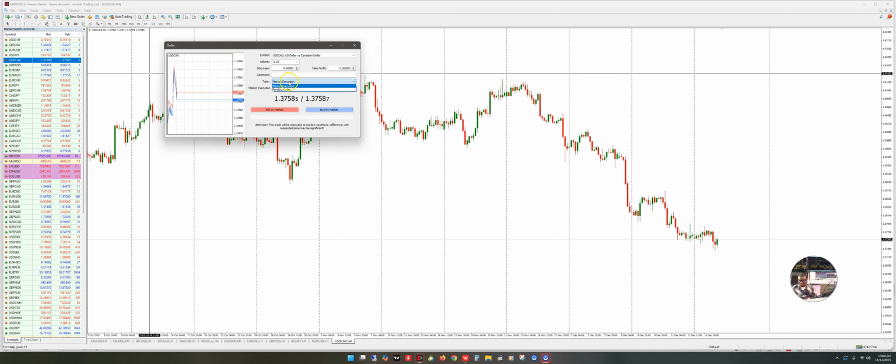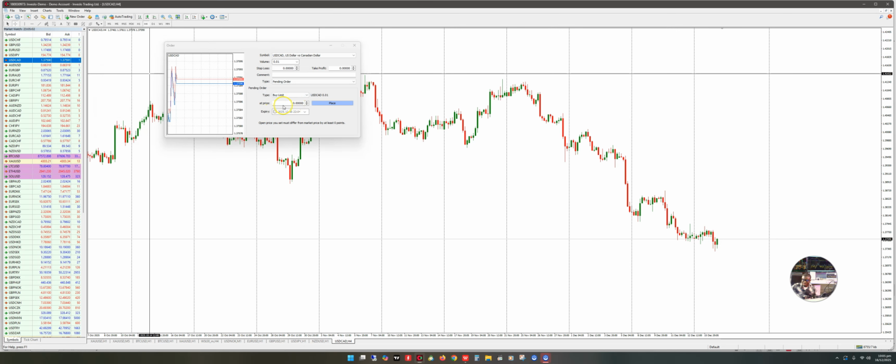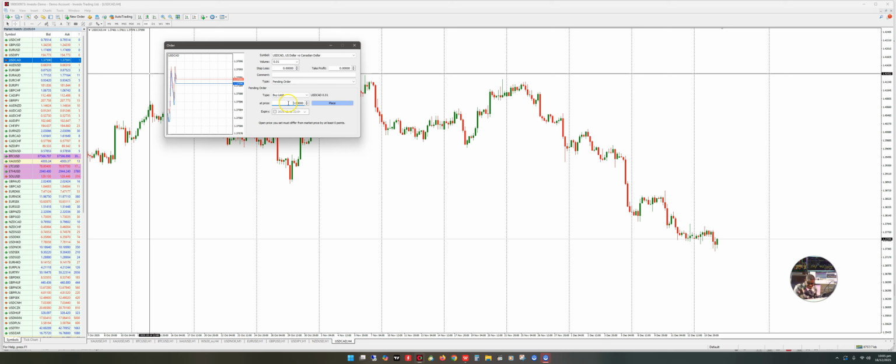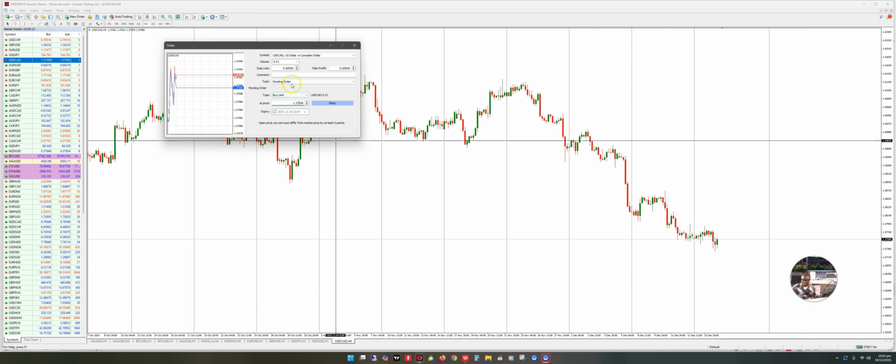I'll pick pending order, and buy limit is already there. My entry will now be below market price. That's the difference: the buy stop is above market price, but the buy limit is below market price, still giving an instruction that the market should buy.